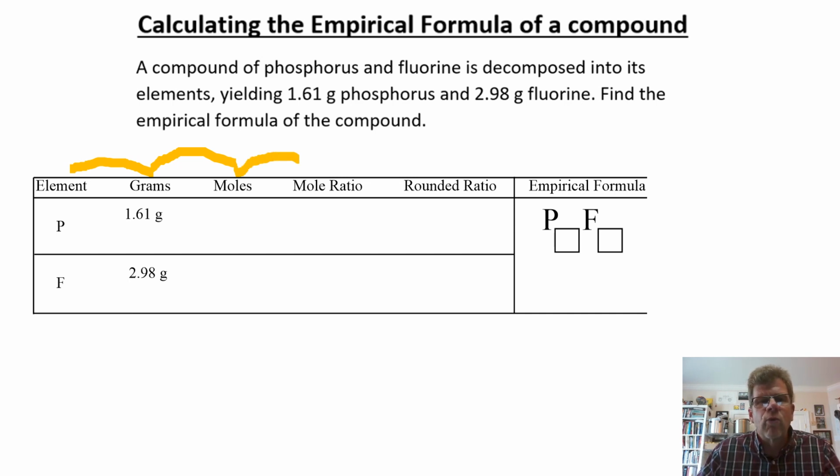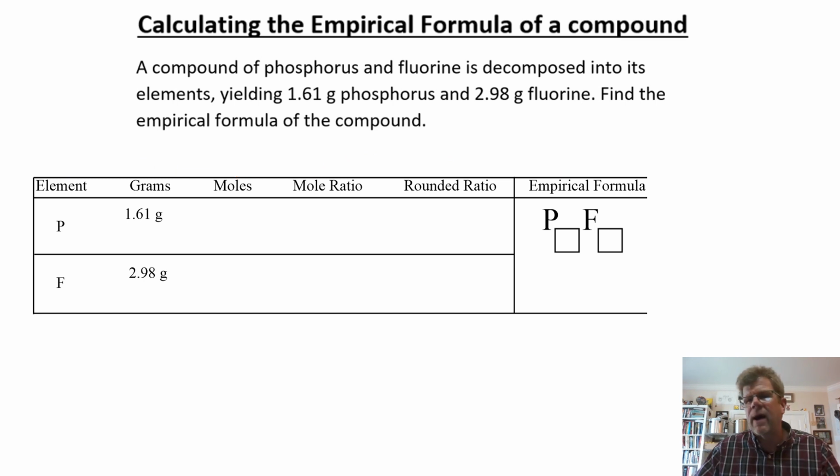Moving to a mole ratio, which is a simplified ratio of one molar amount to the other. And then we have to look to what's called a rounded ratio before we can get to the empirical formula. All of these we're going to be going through in detail. So our first one, going from grams to moles, how are we going to do that?